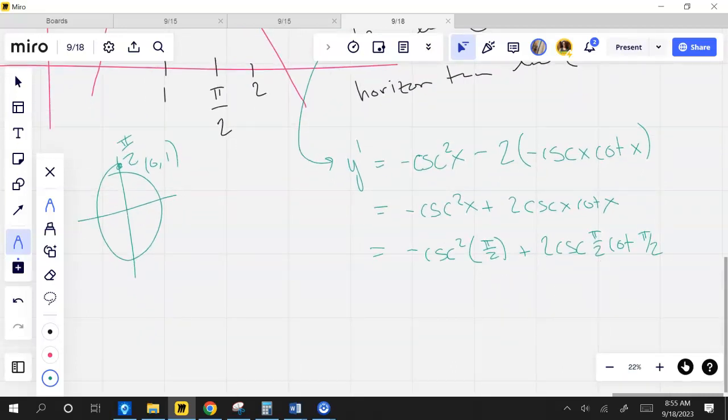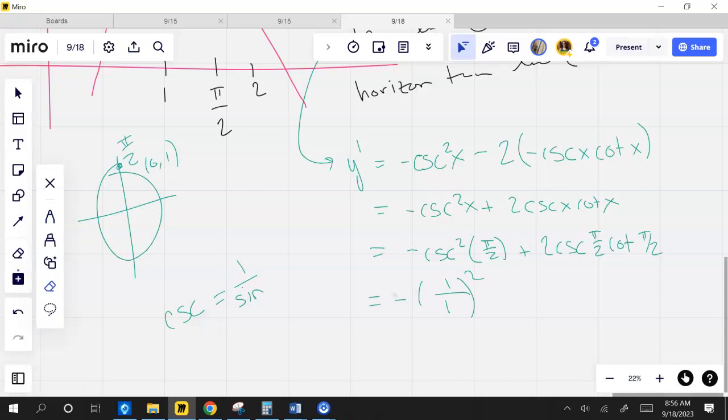I need a value. All right, so cosecant is 1 over sine. Agreed or disagreed? What is the sine of pi over 2? 1. So this is 1 over 1 squared. Do you agree? Skipping too much?